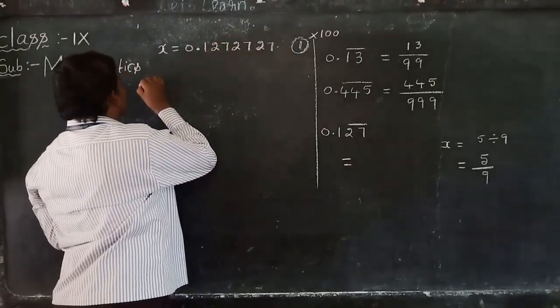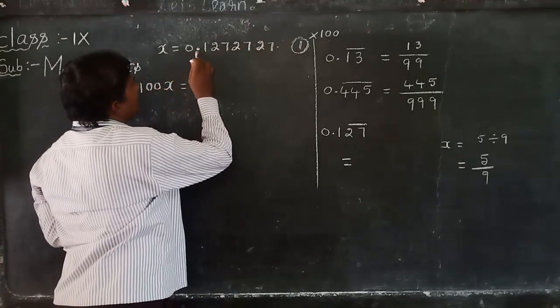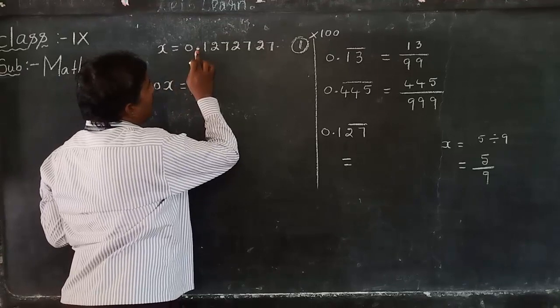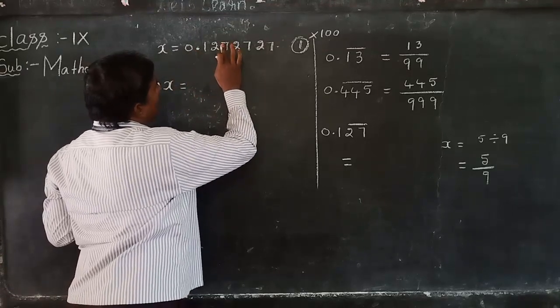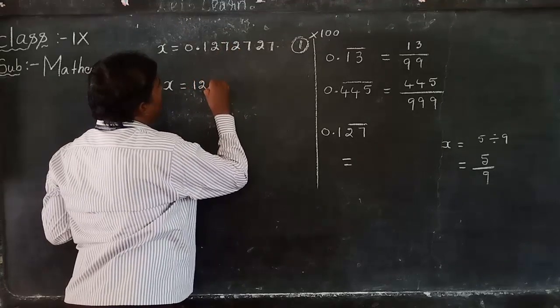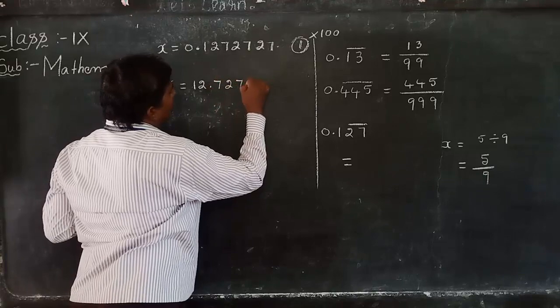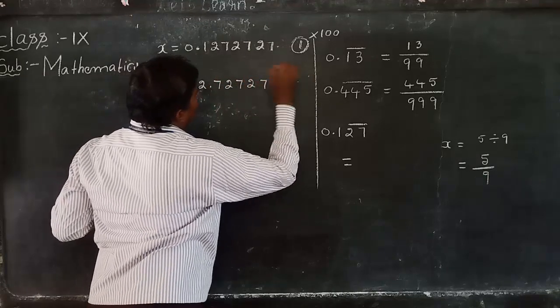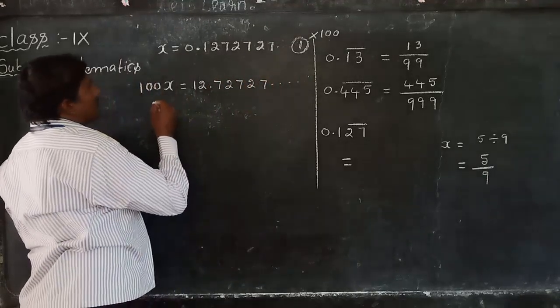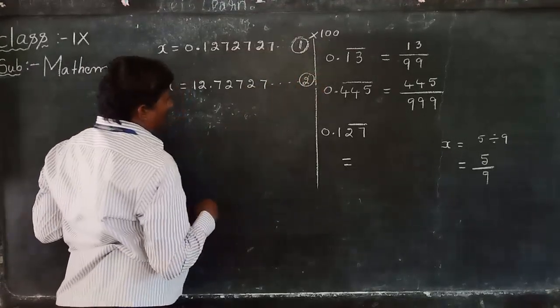100 into x. 100x is equal to, the decimal point is moving from left side to right side by 2 values. So 12.727 and so on. We should take this as equation number 2.